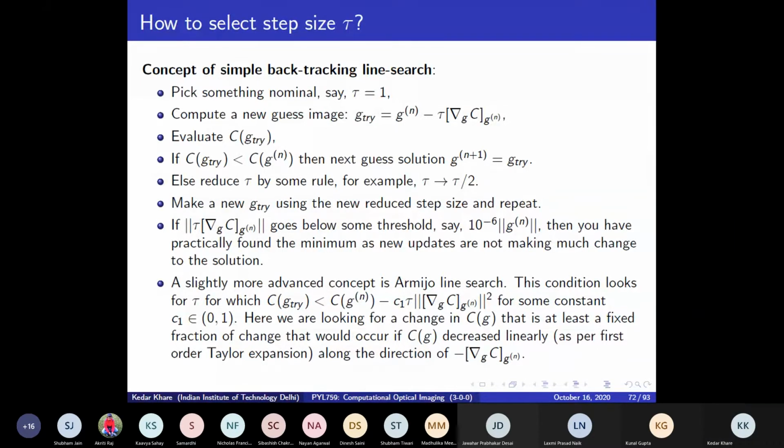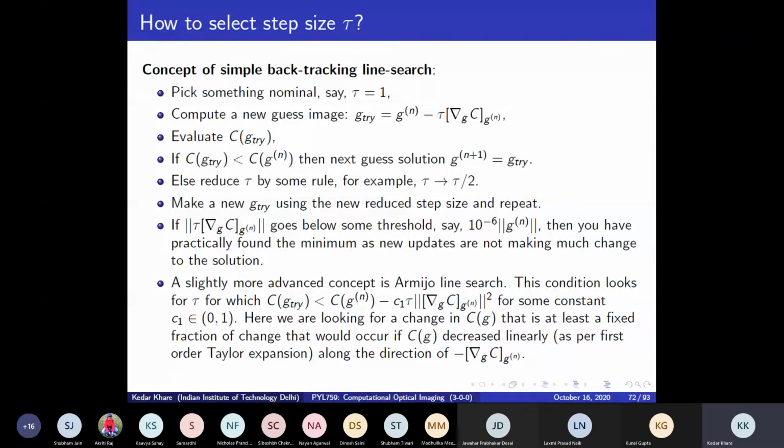Yes. So it is a very simple procedure: you start with something nominal. You check whether the cost function has actually reduced. If it has not reduced, then you have gone too far from the point, and you keep reducing your step size.